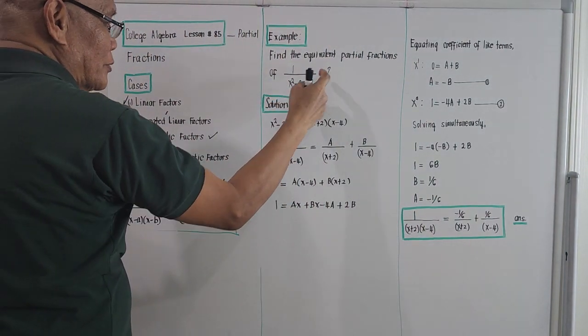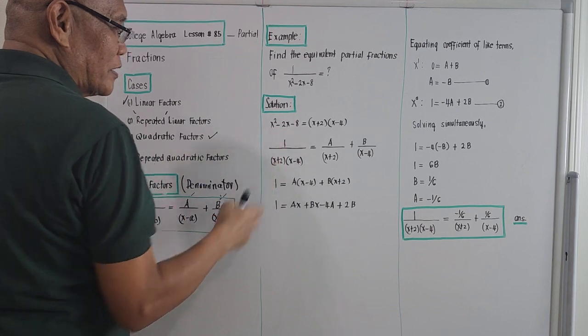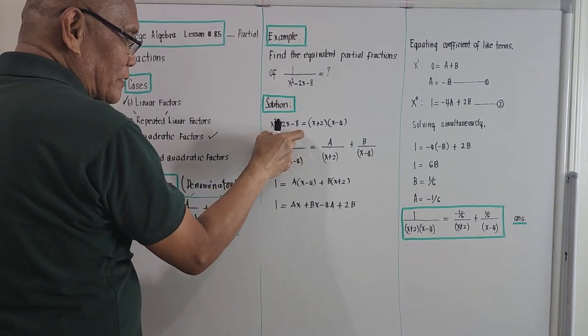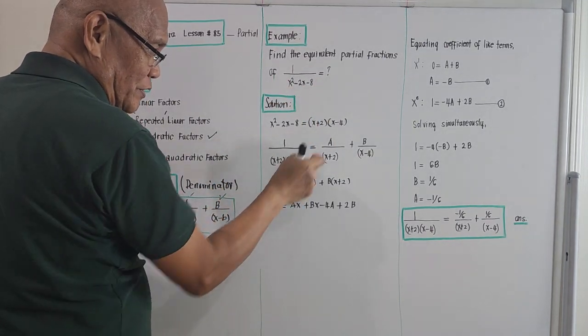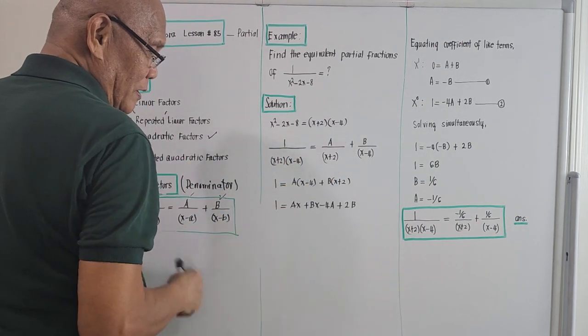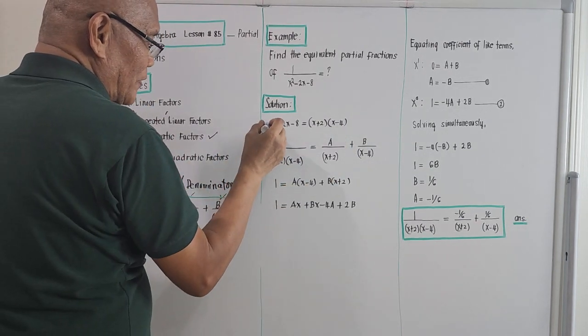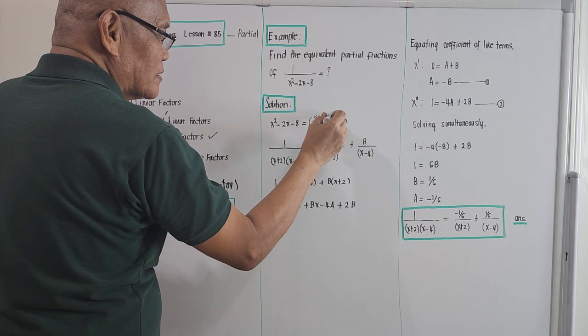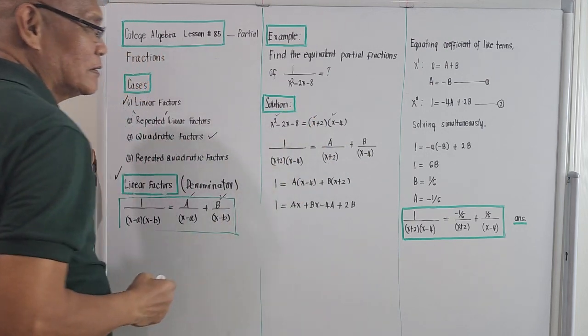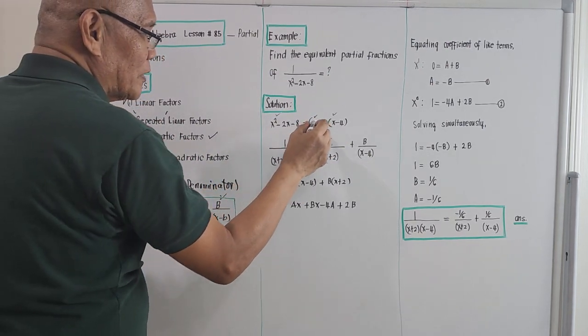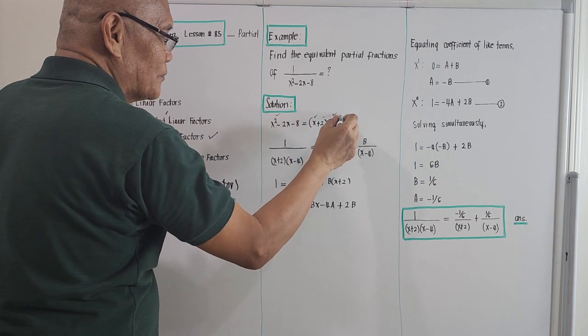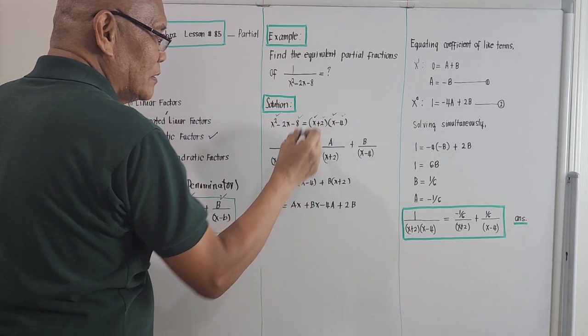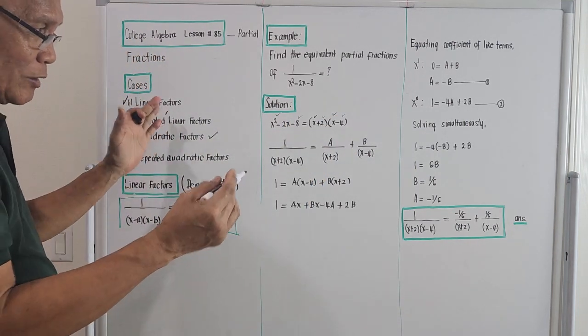x squared minus 2x minus 8 should be a product of two binomials, first binomial and second binomial. The product of x and x is x squared, and the product of positive 2 and negative 4 is negative 8. So we are correct with that one.